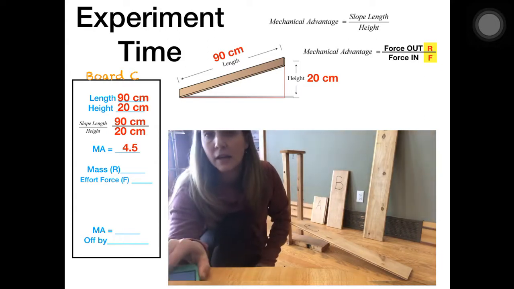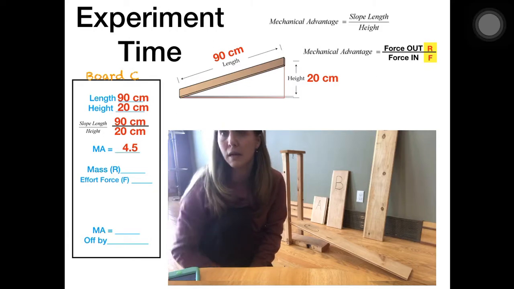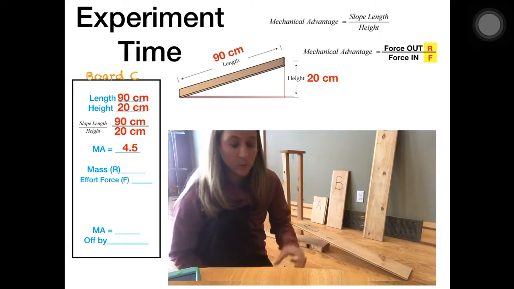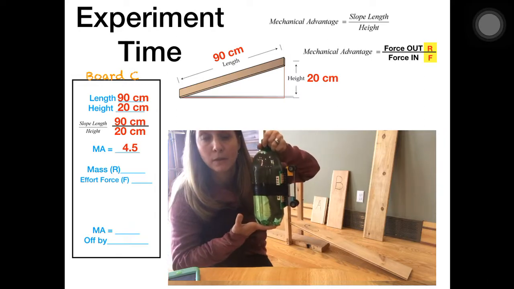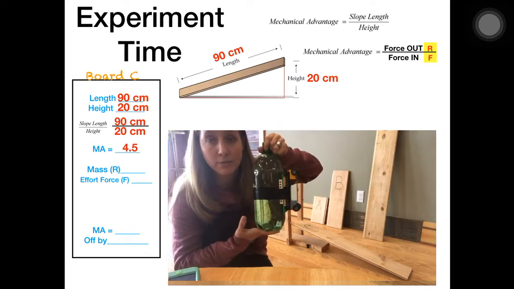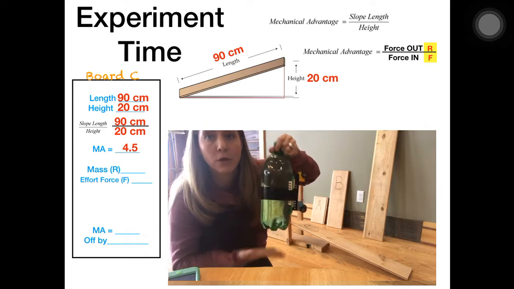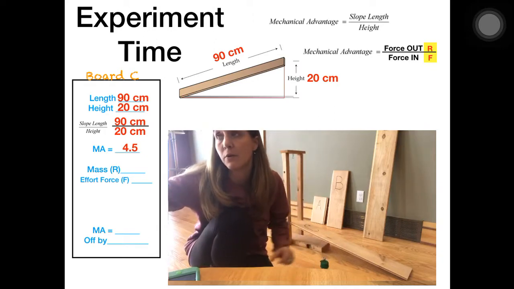4.5. Now we're also going to figure out the mechanical advantage using our forces, and we do know the force of the object, the mass of our object, the R, we already weighed that, so we can go ahead and put that one in.